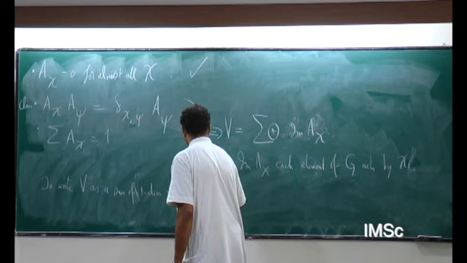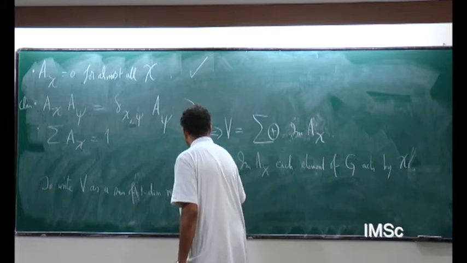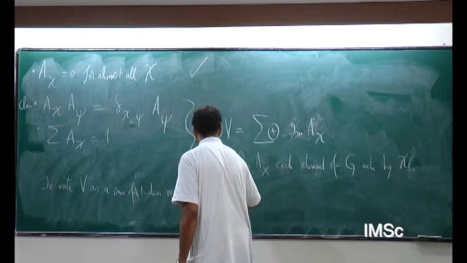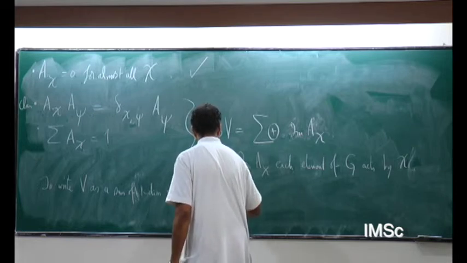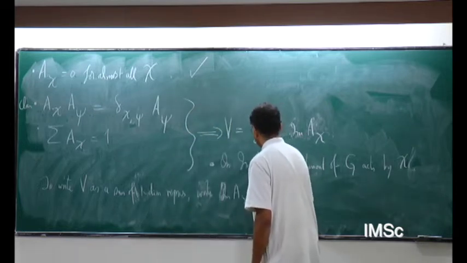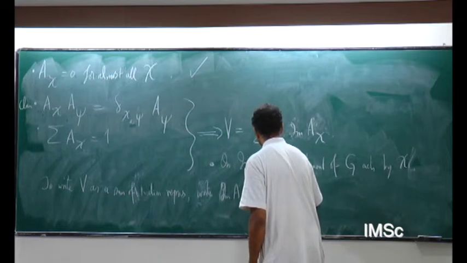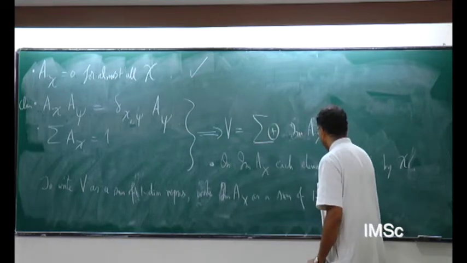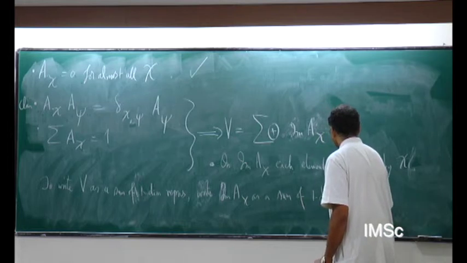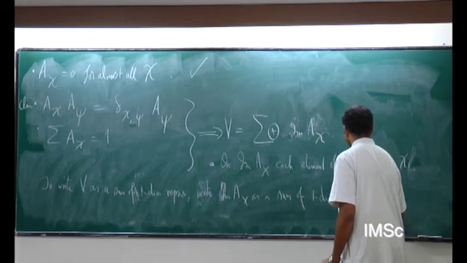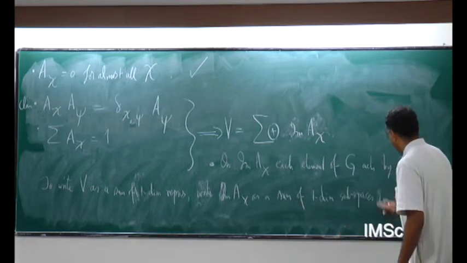Choose, write the image of A chi as a sum of one-dimensional subspaces, any which way.